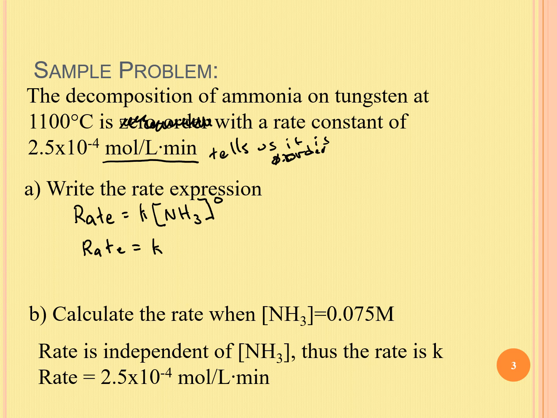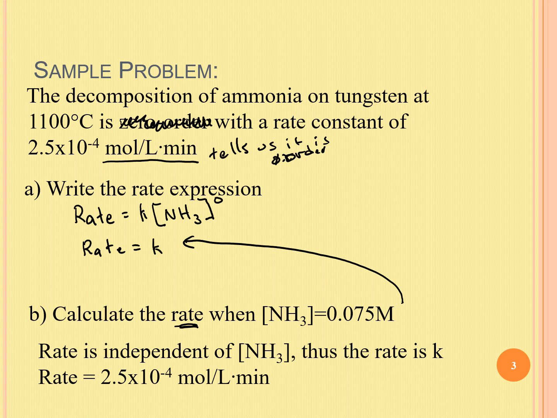Part B, which is showing already, so we probably could have cheated ahead and looked at it, says calculate the rate when our ammonia concentration is 0.075 molarity. Now notice for a zeroth order, the half-life depends on concentration, but the rate does not factor into this.